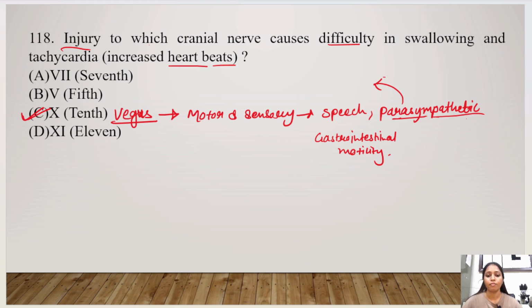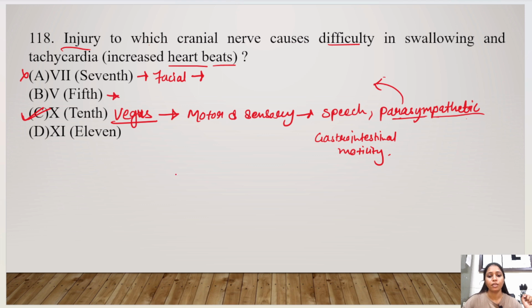If we talk about the 7th cranial nerve, also known as the facial nerve, it controls the facial muscles as well as taste, not swallowing or heartbeat. So this option is wrong.